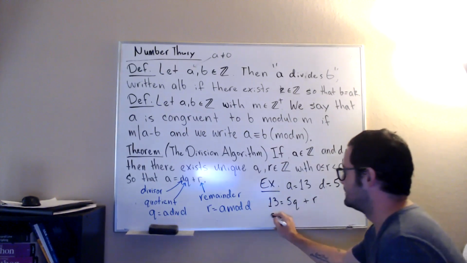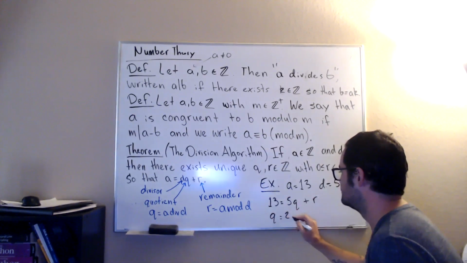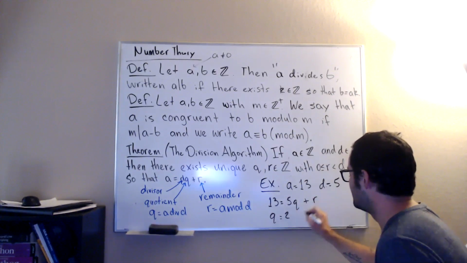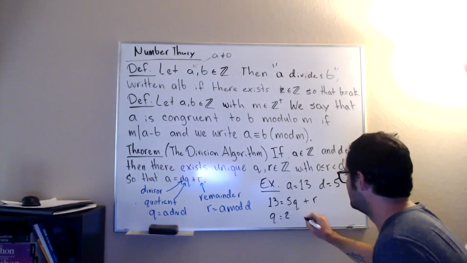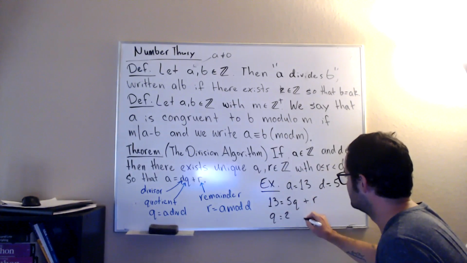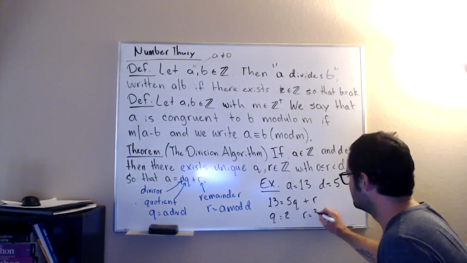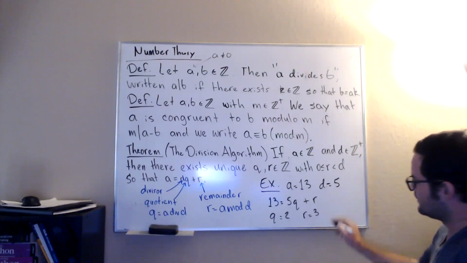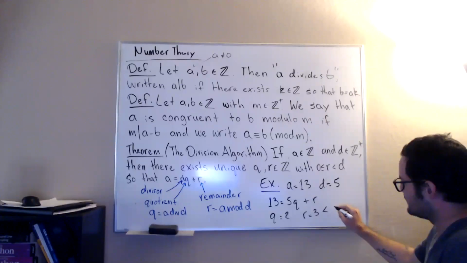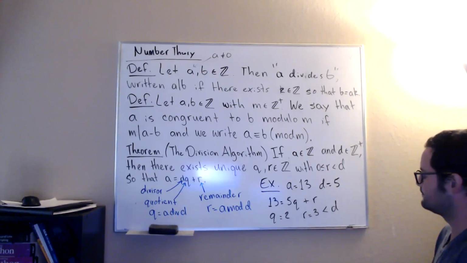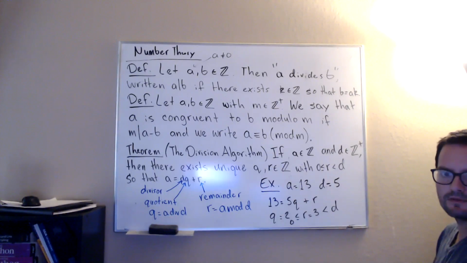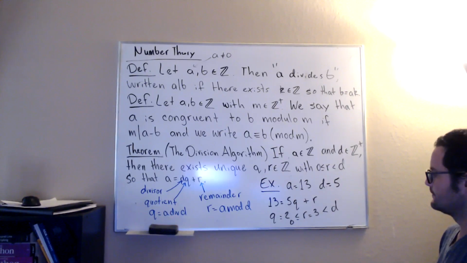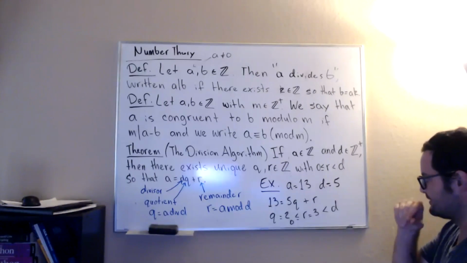So here, what would Q be? Q would be equal to 2, and then R would be equal to 3. And then notice that R is strictly less than the divisor D, and it's greater than or equal to 0. Okay. So those are the unique integers that satisfy this.